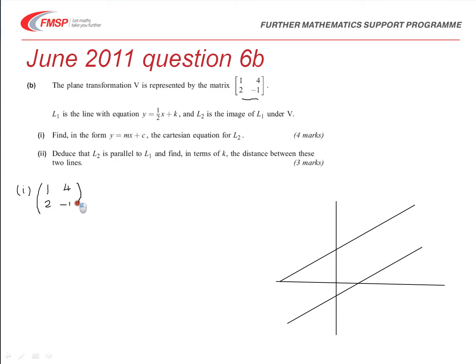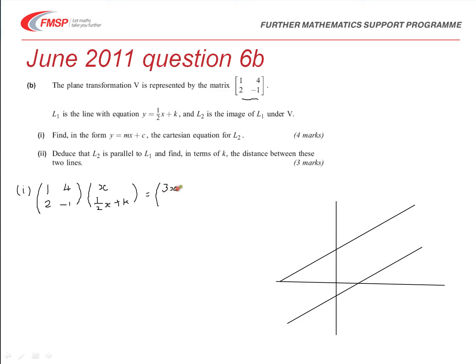So what we have to do is to transform the original line L1 by this matrix. Well, that line, again, we need to write it as an x and a y coordinate. So if x is little x, then y will equal a half x plus k. So we now need to multiply those together, which is going to give us 1 times x and the 4 times the 2x gives a total of 3x.